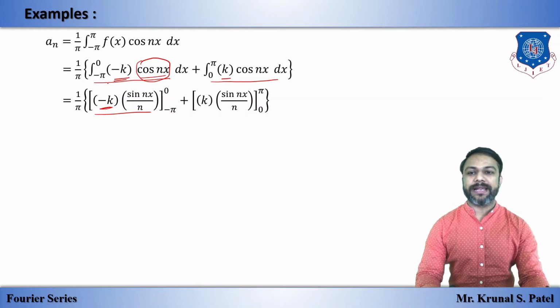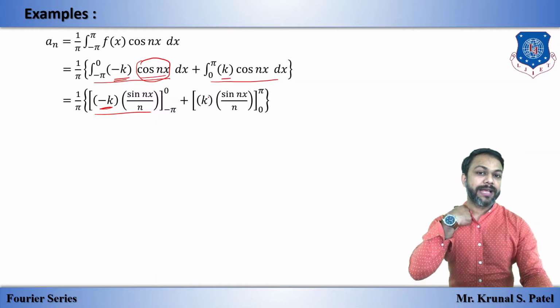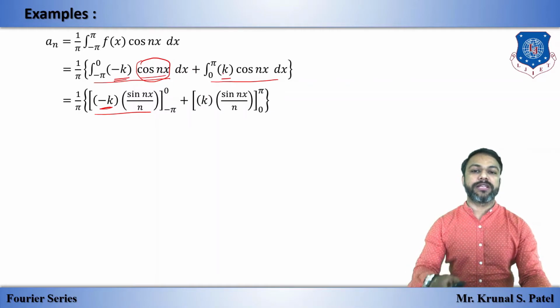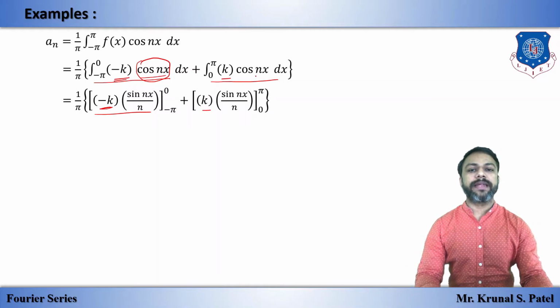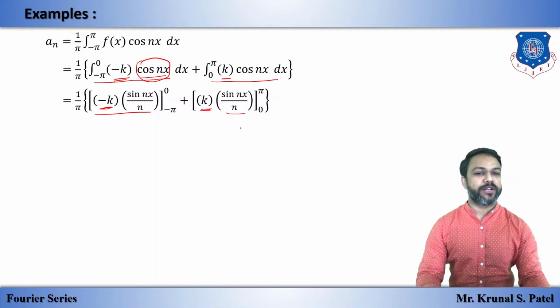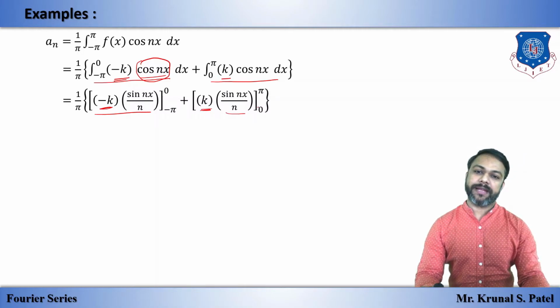So the box is complete, and we put the limit at the end of this box. Plus, we apply Bernoulli again: k as it is, integration of cos nx is sin nx by n, and differentiation of k is 0, so no need to go further, and put this limit 0 to pi after this bracket.